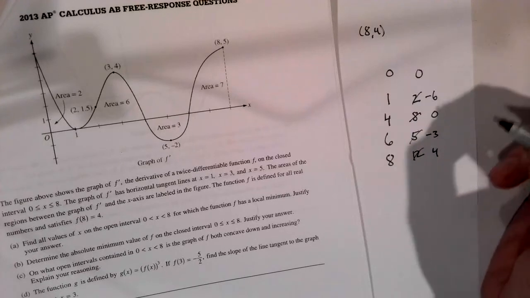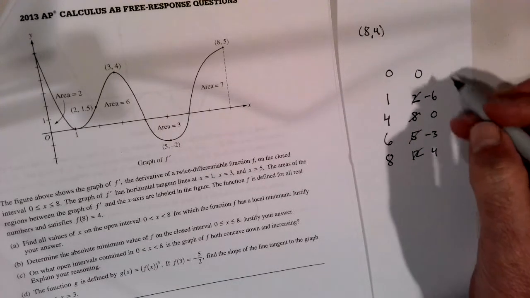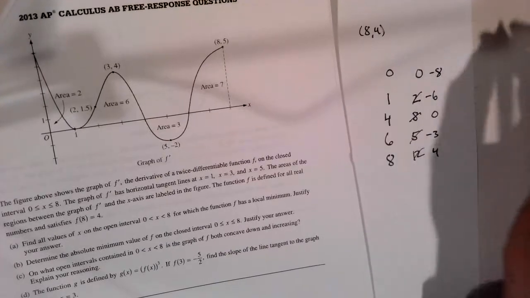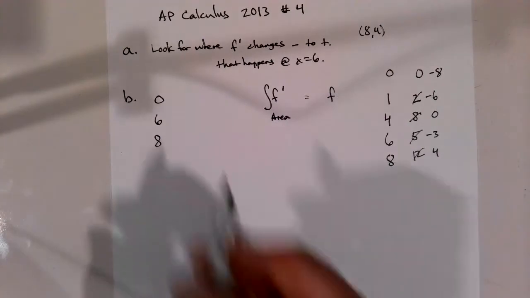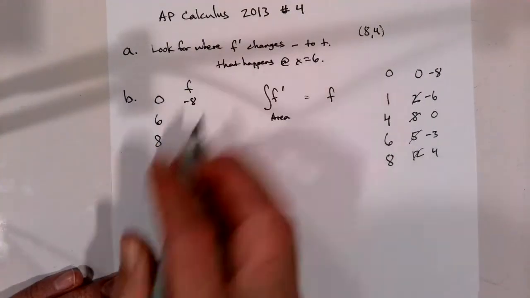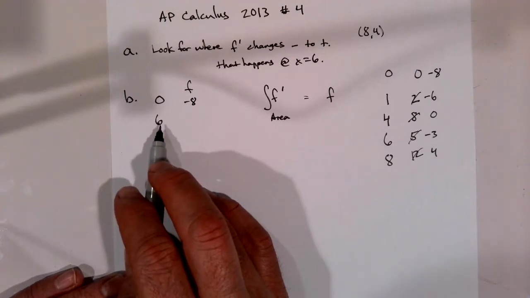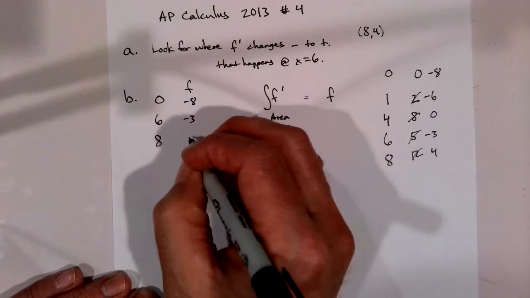Or no, that's right, we subtract 8. As you look at this data, you can tell that at 0, f is equal to negative 8, at 6 it's equal to negative 3, and at 8 it's equal to 4.